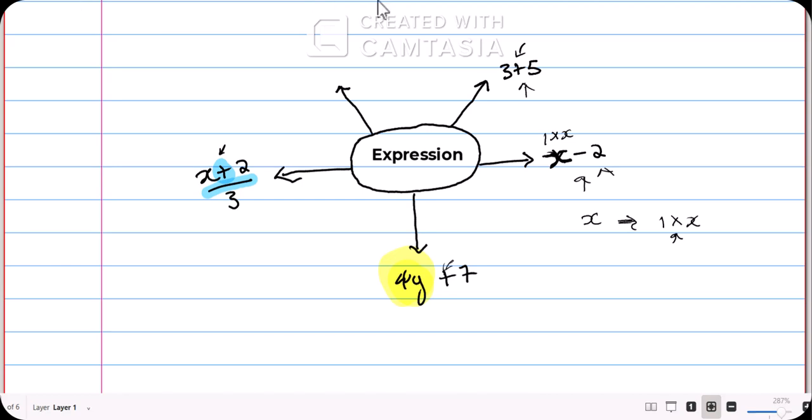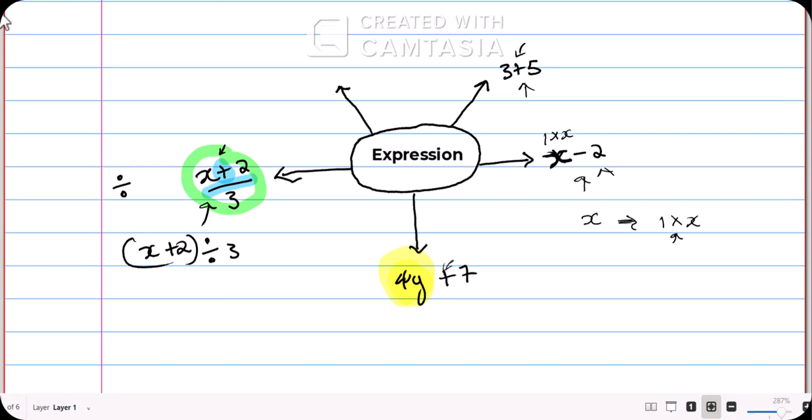We have this line here representing the division. Also, you know that the division sign is this one. So this expression is also written as x plus 2 divided by 3. You can also write it like this. So this is the division operator and the addition operator. In this way we also see those two operators.